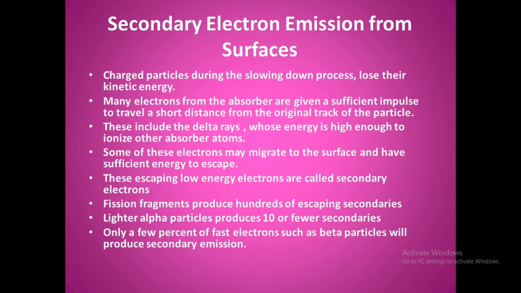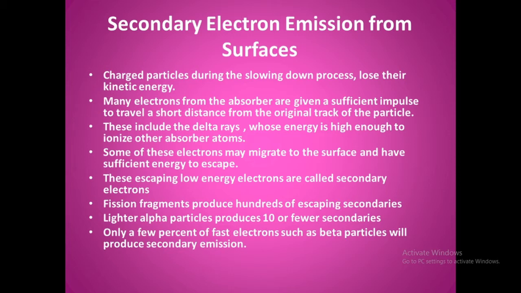Many electrons from the absorber atoms gain sufficient impulse to travel a short distance from the original track of the particle. Delta rays, which have high energy to ionize other absorber atoms, and electrons having kinetic energy below the minimum energy for further ionization, are included in this category.